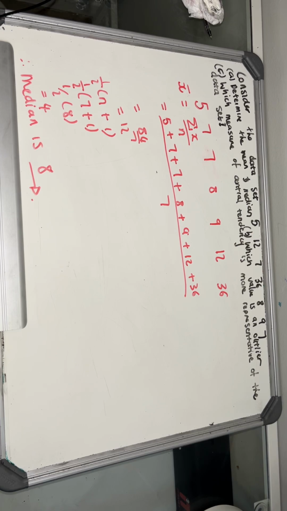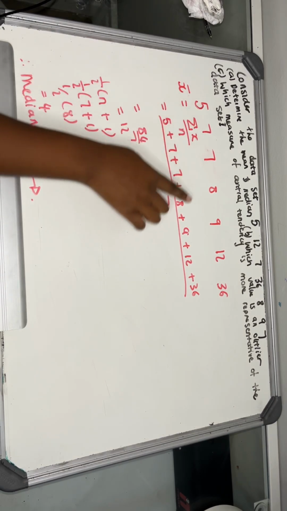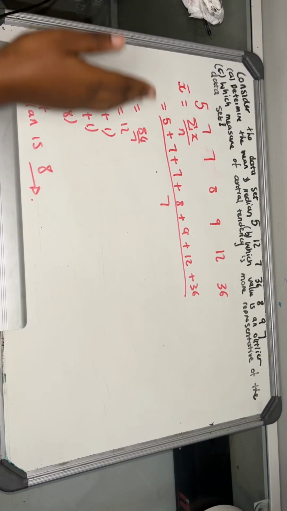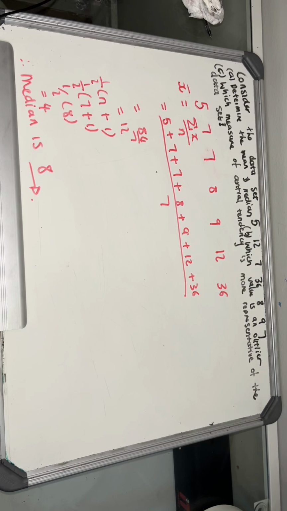I'll answer this one verbally instead of writing on the board. When we look at all of these values, 36 is an extreme value. You see, they are all close to one another, and then we jump from 12 to 36. So 36 is an outlier, an extreme value compared to the other values.